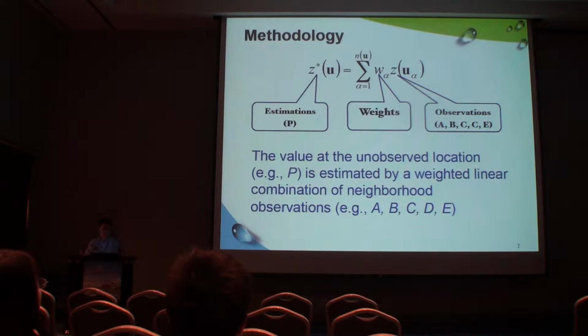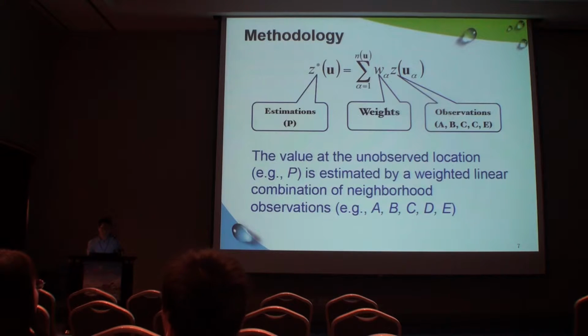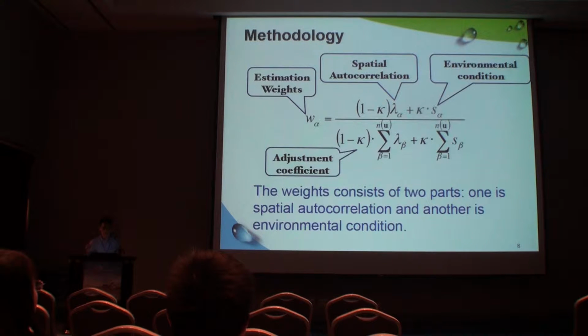In the framework of our method, for every unobserved location, for example P, the value is estimated by a weighted linear combination of neighborhood observations such as A, B, C, D, E. The weight consists of 2 parts, one related to spatial autocorrelation and another related to environmental condition.